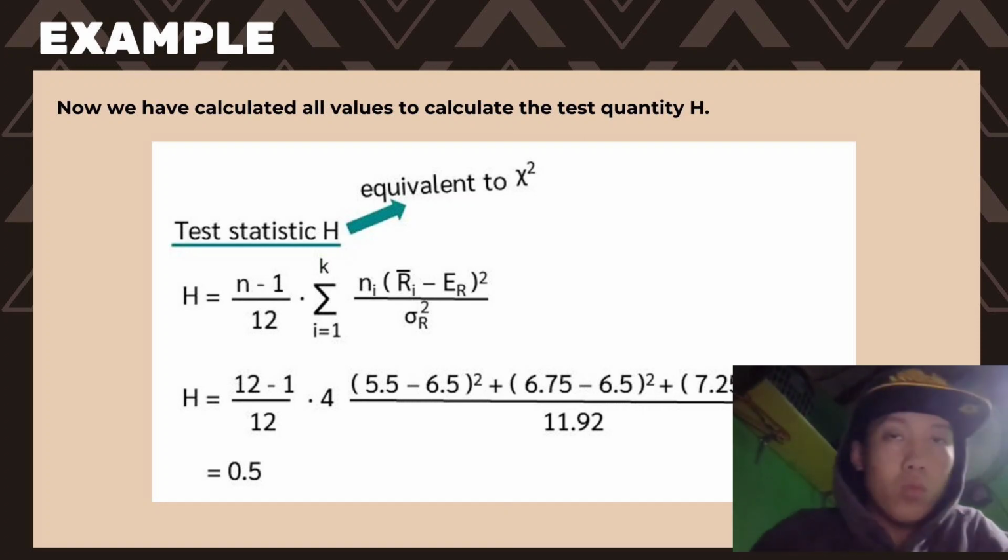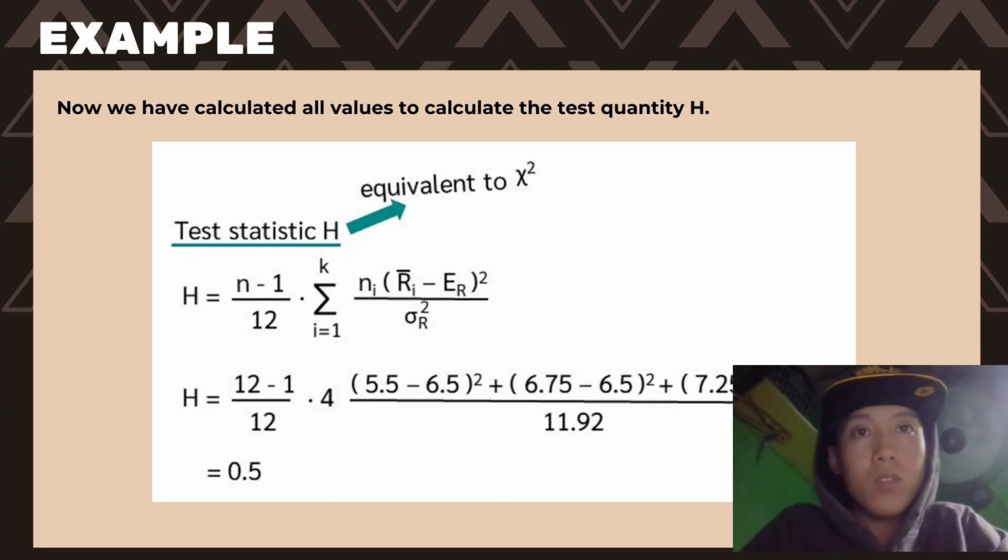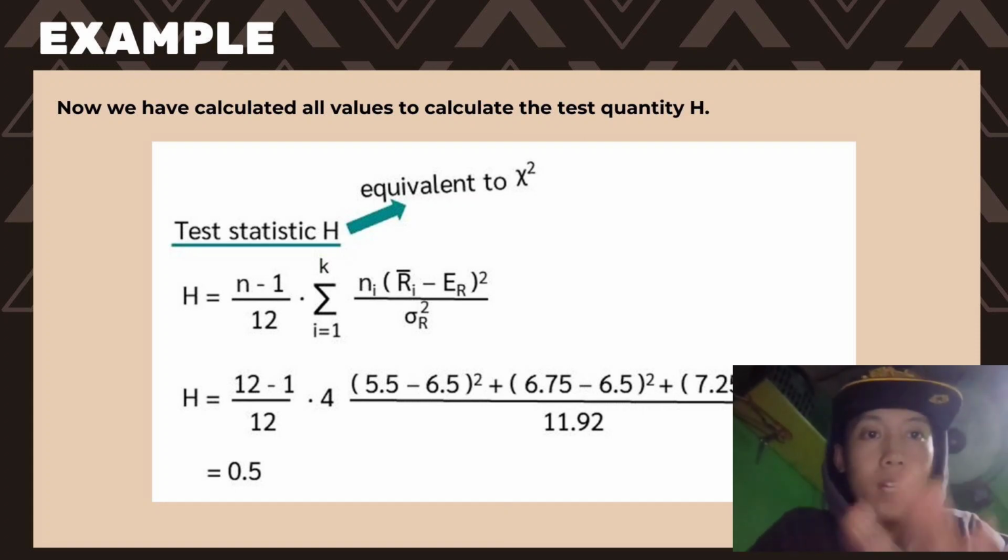So, we have 12 cases, so 12 minus 1. Then, this 4, we got this because we have 4 individuals for each group. So, for the first mean rank, 5.5 minus 6.5, our expected value of ranks.